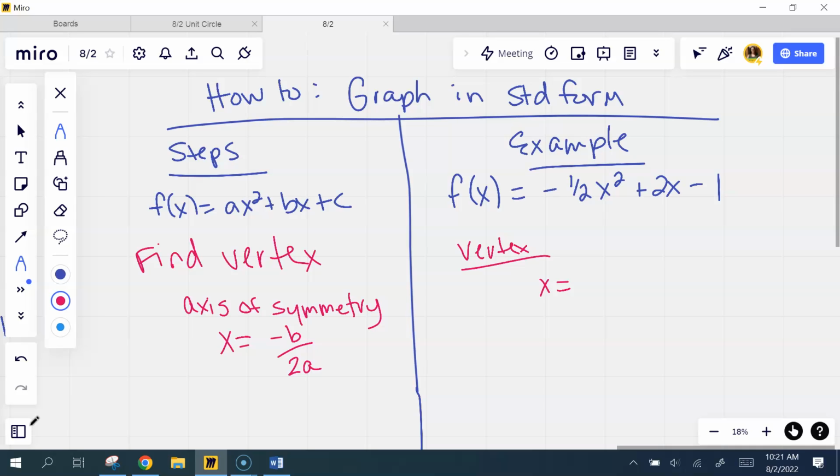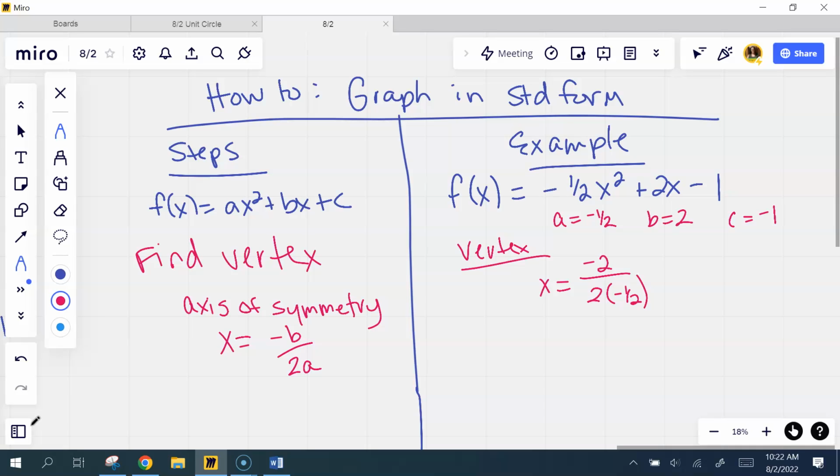So what is opposite B? Negative 2 over, now I have to do 2 times A. So I've got 2 times, what is A again? Negative 1/2. If you start struggling with this, do not be ashamed. If you need to come here and go, okay, let me do A equals negative 1/2, B equals 2, and C equals negative 1. That is quite all right. It'll help you keep everything straight if that helps you as you go through.